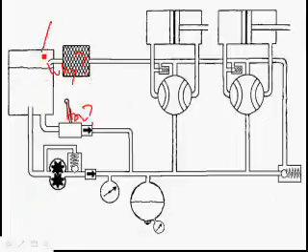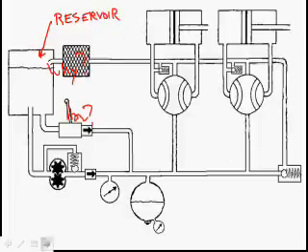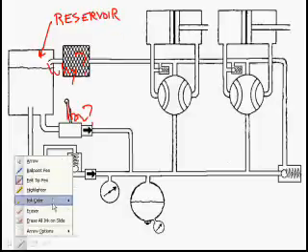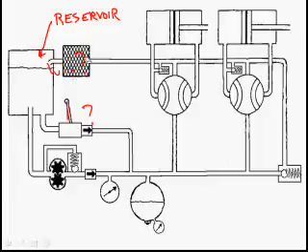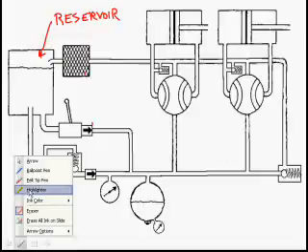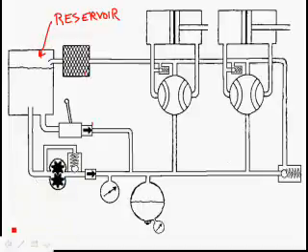So here is the reservoir. Okay, here's the reservoir. Generally speaking, when you have a dedicated pressure and return line system, you're going to have that engine-driven pump, you're going to have all these other components, and you're going to have the reservoir.